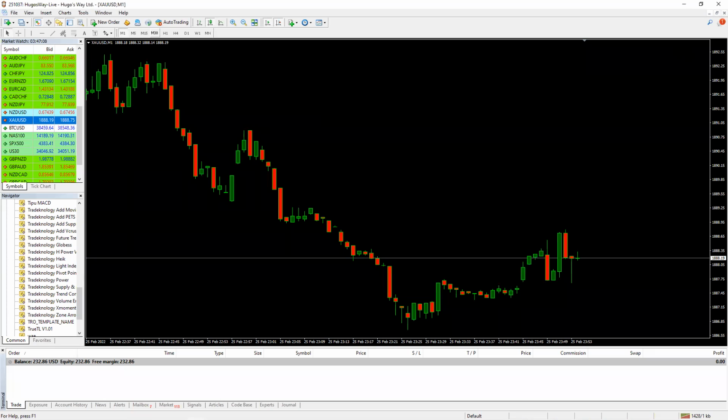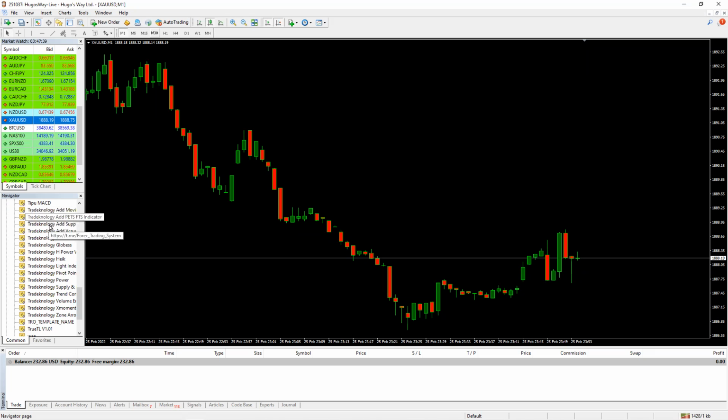Okay. So this is a naked chart in the MT4 in Forex. As you guys know, we have a ton of indicators that are available to all members. And then we have some indicators that are available to only the VIPs. So I wanted to show everybody the difference.